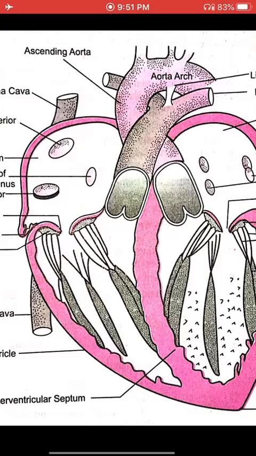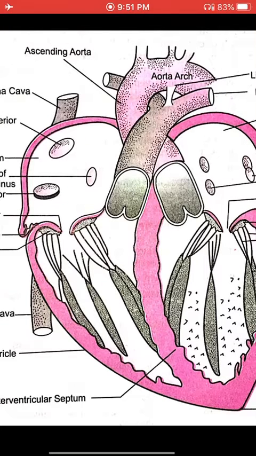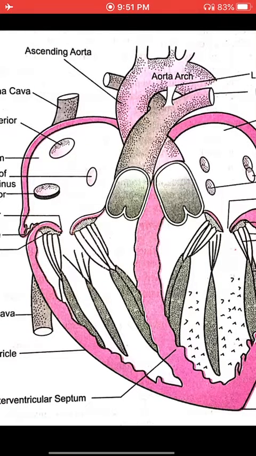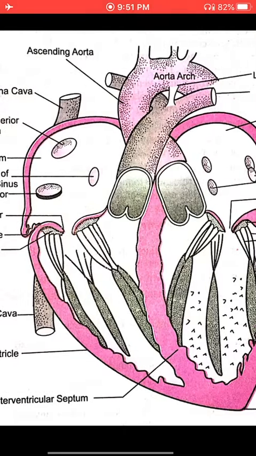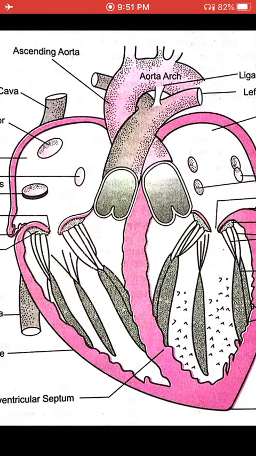The SA node is also known as the pacemaker, due to which the electrical impulse passes through the AV node, the atrioventricular node, through the Purkinje fibers to the ventricles. This electrical impulse makes the heart contract and relax, due to which the blood is pumped into the ventricles and goes out of the heart.